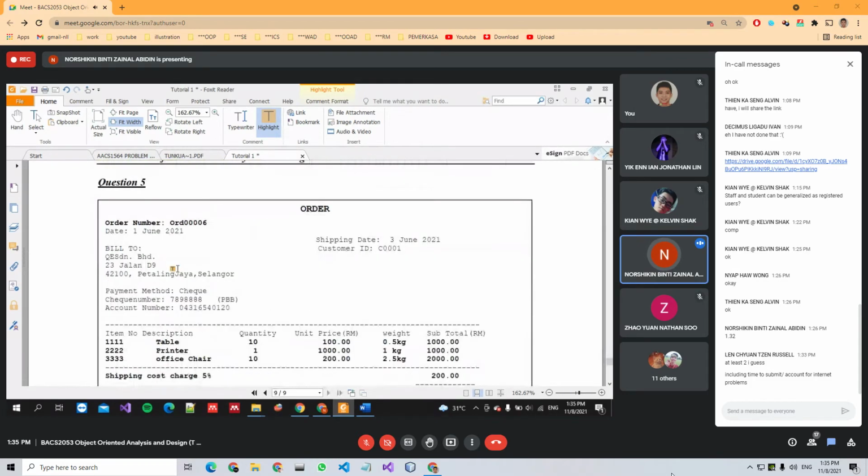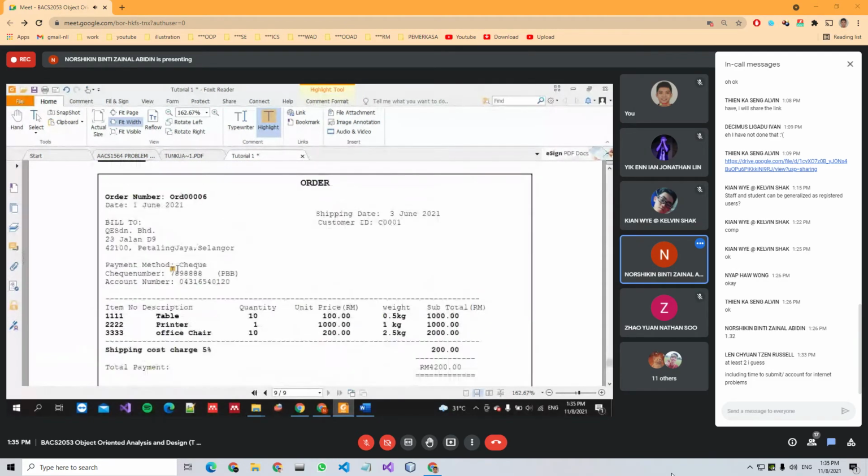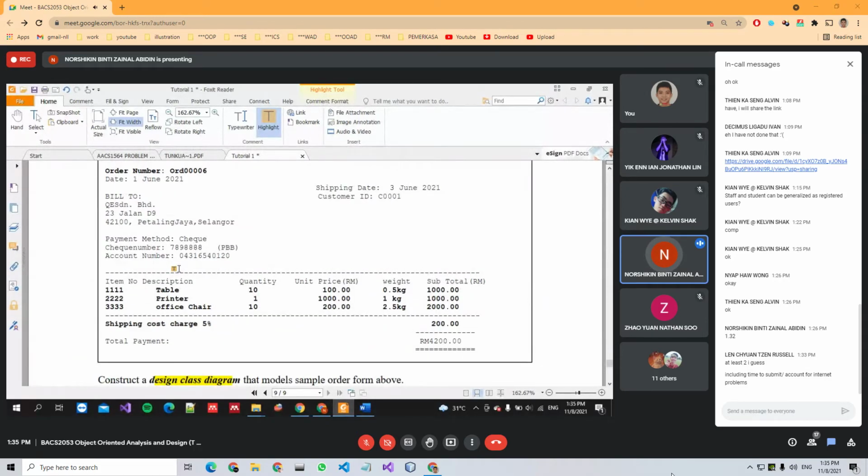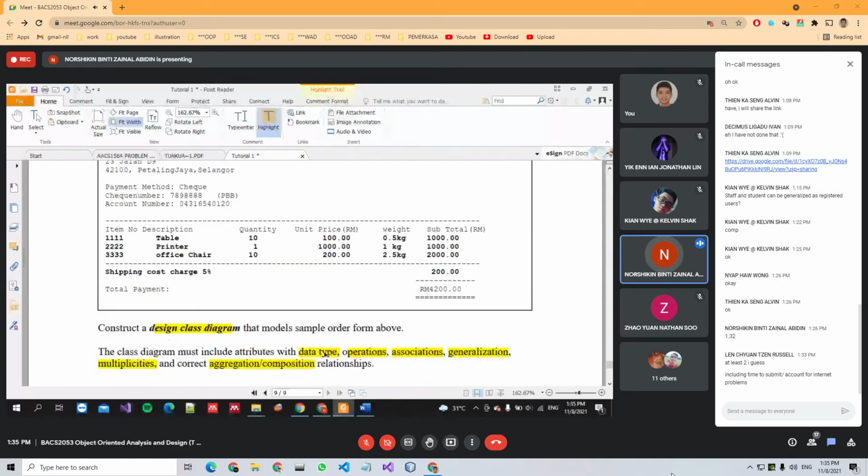Instead, they give us a sample order. Based on this sample order, we need to construct a diagram that should include attributes, data types, operations, associations, generalization, multiplicities, and correct relationships.